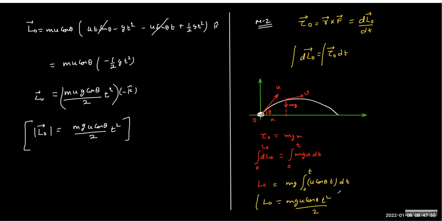So L naught is equal to this value. There are always two ways to calculate the angular momentum. If you know the torque which is well defined, if you can see clearly what the torque is, it is good to go by the integration method. But if the torque is not visible to you, if you're not sure about the torque, then it's good to go by the definition of L itself.